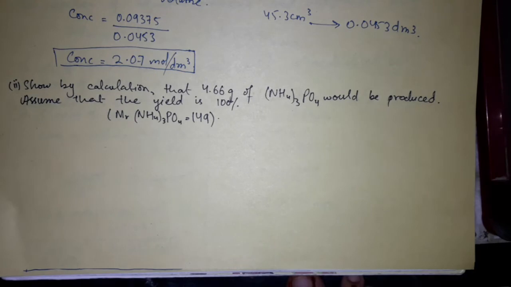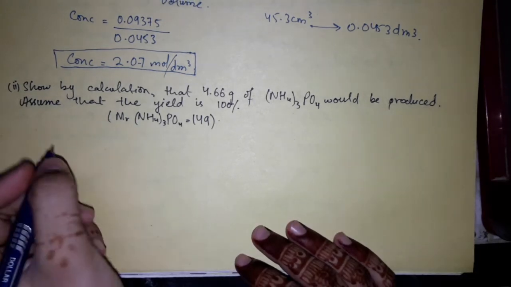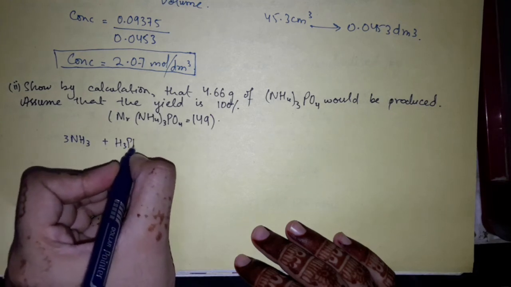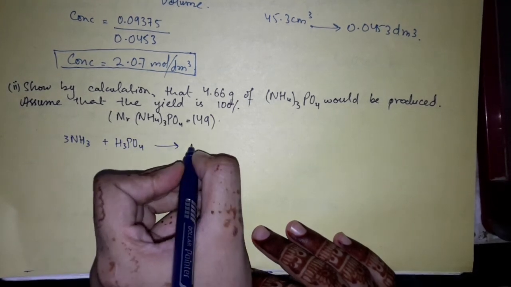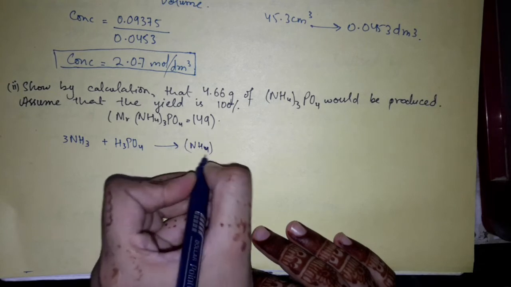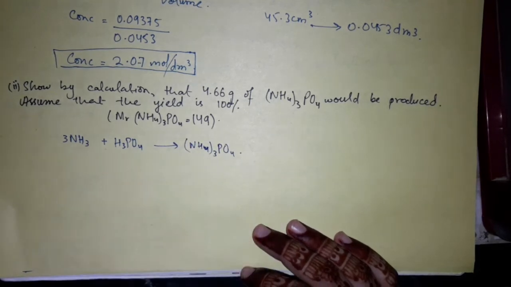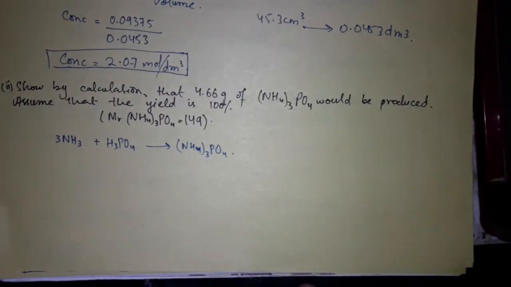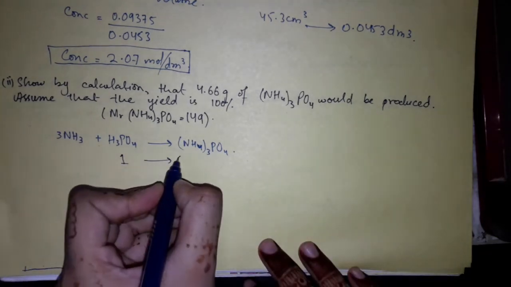We will write the equation again so that you can understand better: 3NH3 plus H3PO4 produces (NH4)3PO4. So we take the ratio of phosphoric acid and ammonium phosphate, that is 1:1.